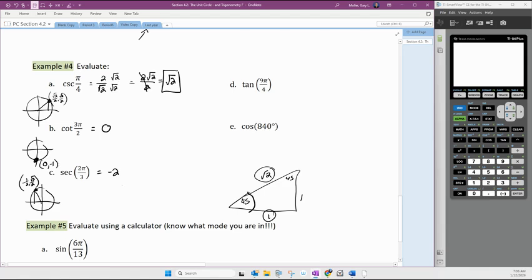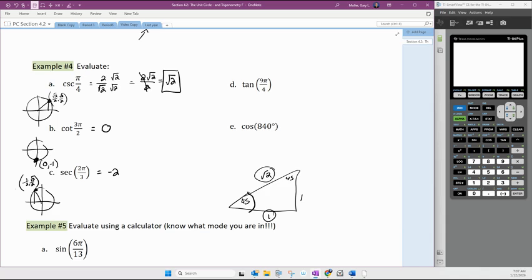9 pi over 4, I know, is a version of a 45-degree angle, and I know that both of the legs on a 45-degree angle are the same, either because I'm thinking about it as a triangle, 1 and 1, or I'm thinking of it on the unit circle, root 2 over 2 and root 2 over 2. Either way, the tangent is going to be 1. Now, is it positive or -1?